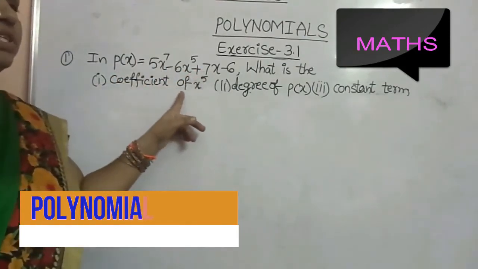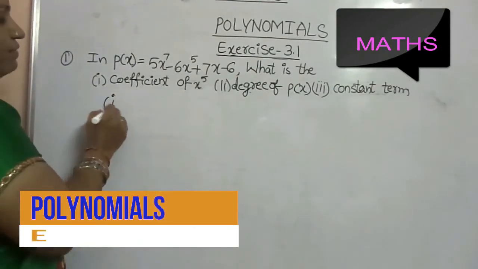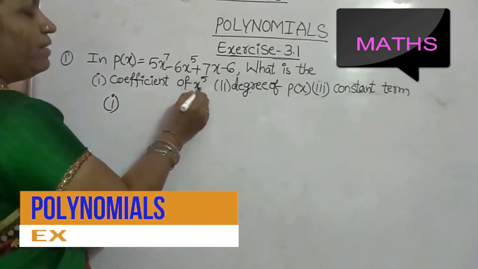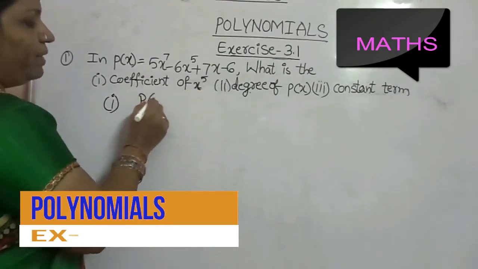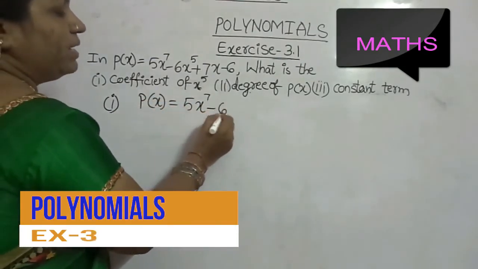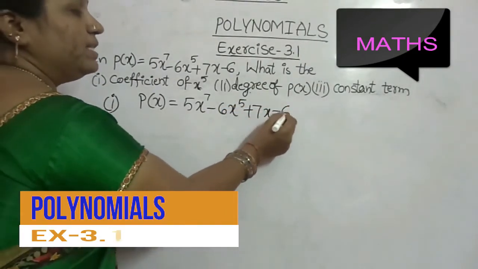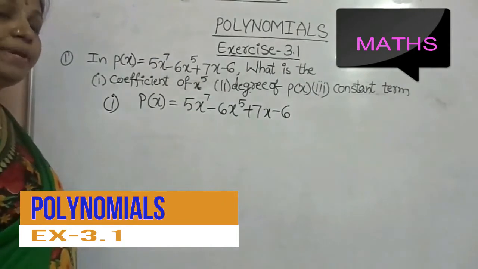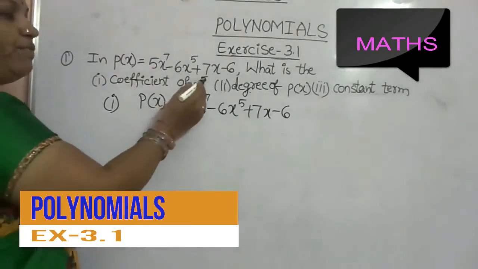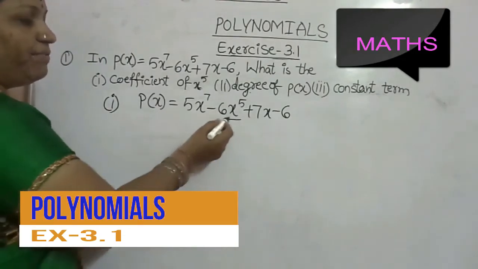In the first question, coefficient of x to the power 5. So first write down the polynomial p of x is equal to 5x to the power 7 minus 6x to the power 5 plus 7x minus 6 as the given polynomial. Coefficient of x to the power 5 means the second term is the x to the power 5 term.